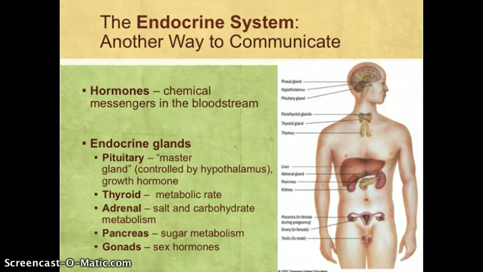A couple of other glands I just want to mention. One is the pancreas. If you know someone or maybe yourself have diabetes or problems with things like hypoglycemia, then you probably have a problem with your pancreas. That's where we secrete hormones that help us to metabolize sugars.